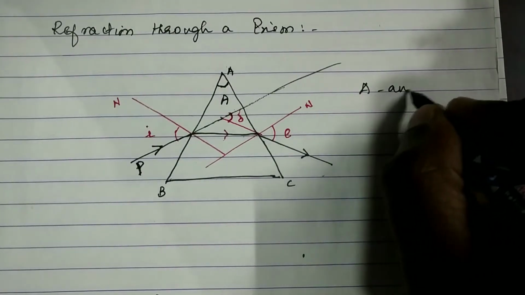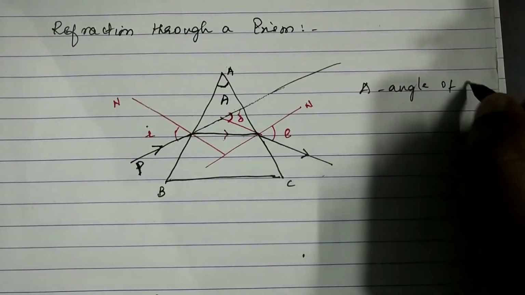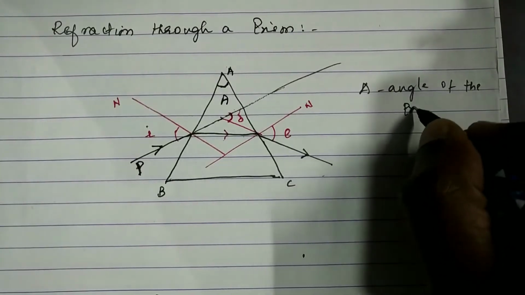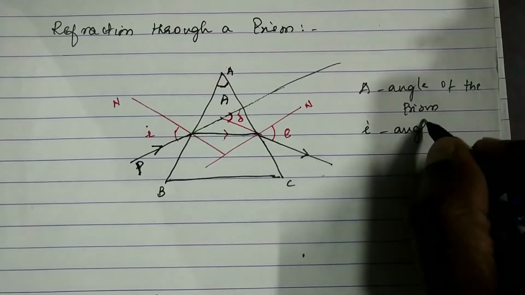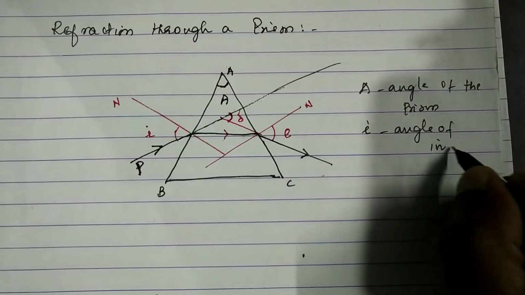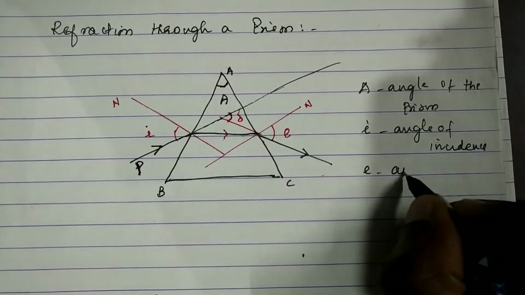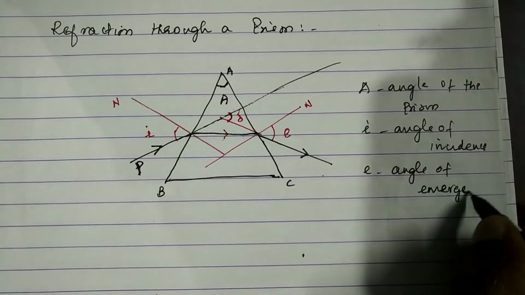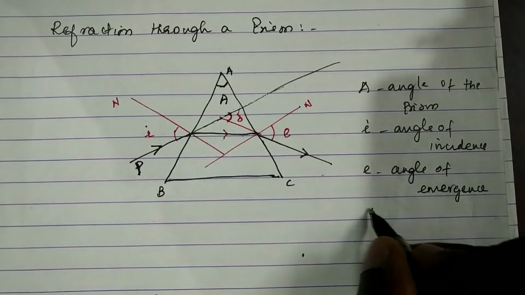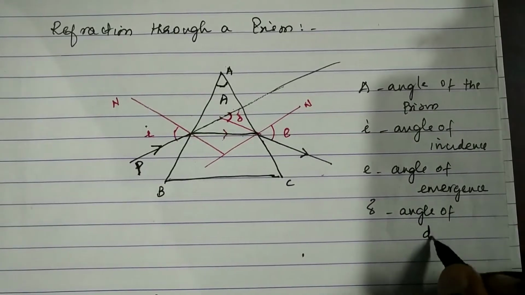A, angle of prism. I, angle of incidence. E, angle of emergence. And delta, angle of deviation.